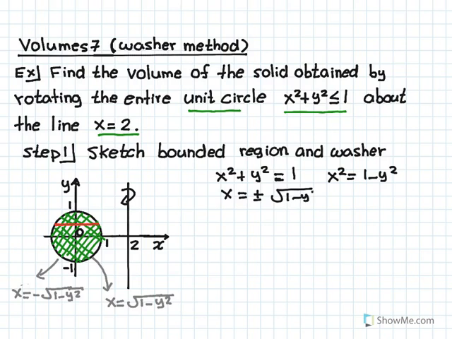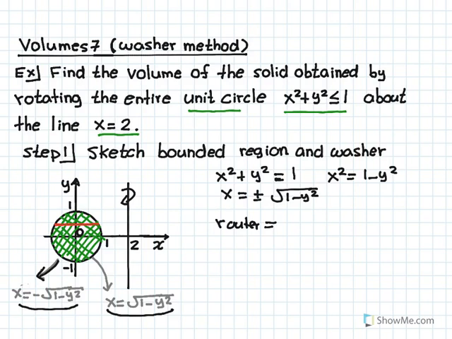Now this part, x equals root of 1 minus y squared, is the right half of the unit circle. And this part, x is equal to minus root of 1 minus y squared, is the left half of the unit circle. So let's define the outer radius and the inner radius. The outer radius is the distance from the axis of rotation to the farthest point on the slice that you've drawn.